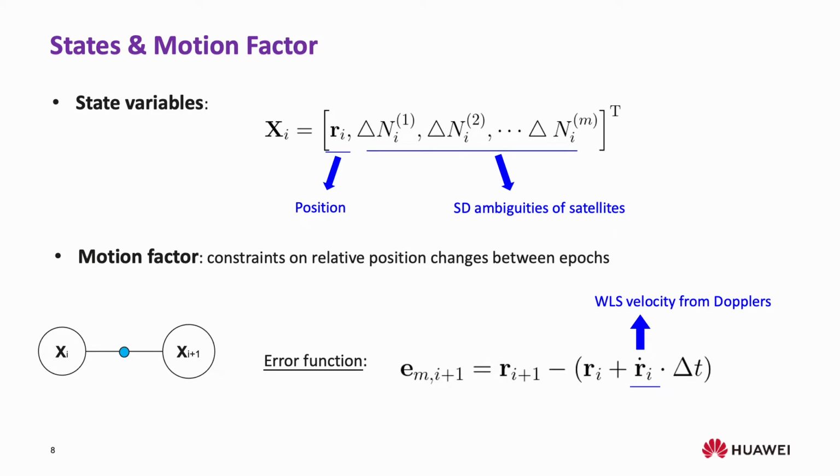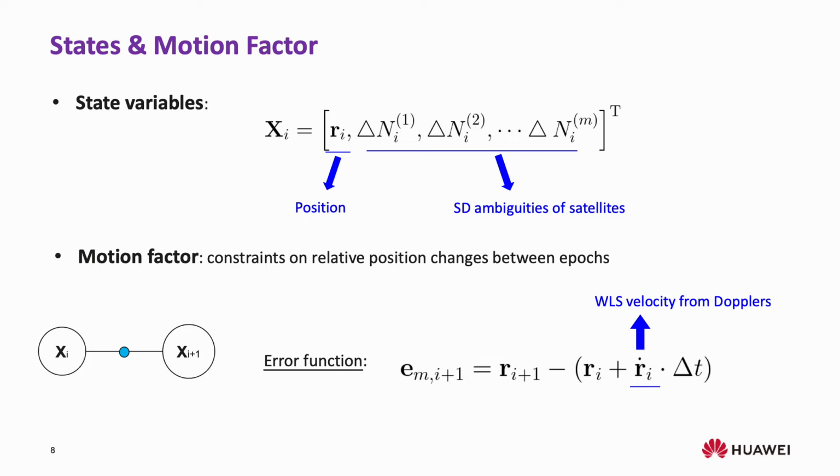It is important to state here why the single difference is used instead of the double difference ambiguities. Although they are equal in mathematics, in reality it is very common in urban environments that some satellites will become invisible or newly visible, so this will cause frequent changes of the reference satellite.